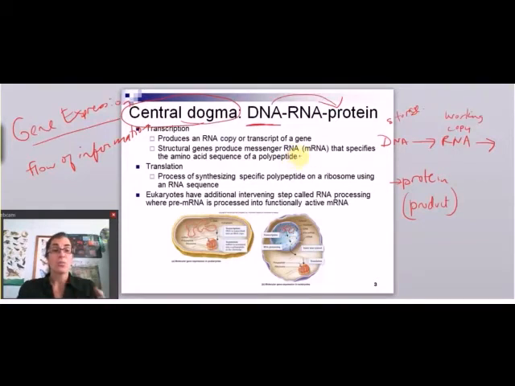So we have our blueprint that's the store of the information, and then we make copies of that information, and we give the copies to the workers out in the work site, and they use the copies to make the building. But if something bad happens to the copy, if the copy gets damaged or messed up or something like that, I still have my perfect copy back in the architect's office.